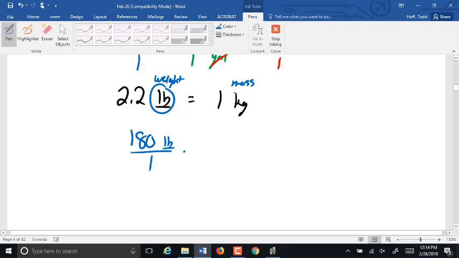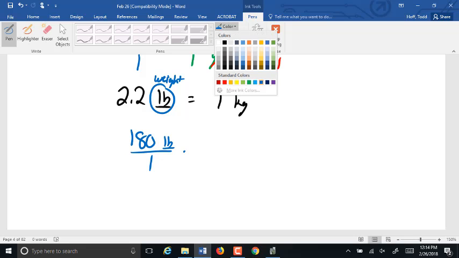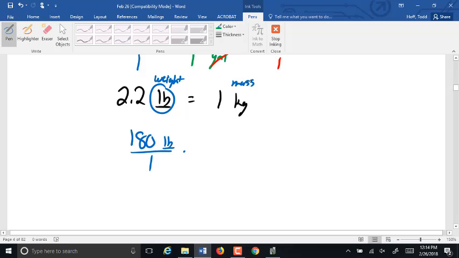So it is a very sloppy conversion. We're changing actually even the type of measurement, not just the units. But as we had mentioned, because gravity is relatively constant on Earth, we tend to get sloppy between weight and mass. So we're going to ignore the fact that those are different types of measurement and make the conversion anyway. So on bottom here, we're going to put pounds going into kilograms.